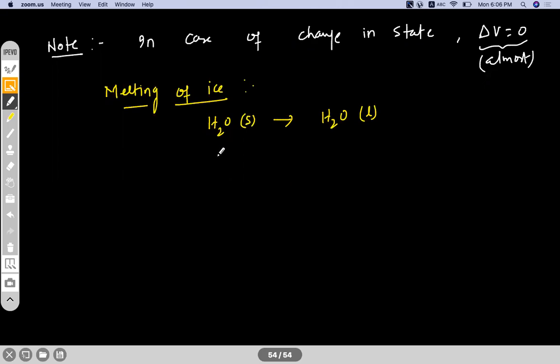In case of ice, we have an open cage like structure. We have some void, vacant space over there in ice.